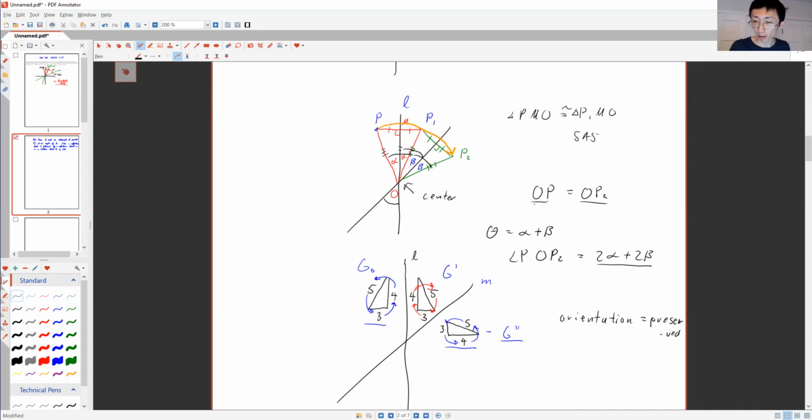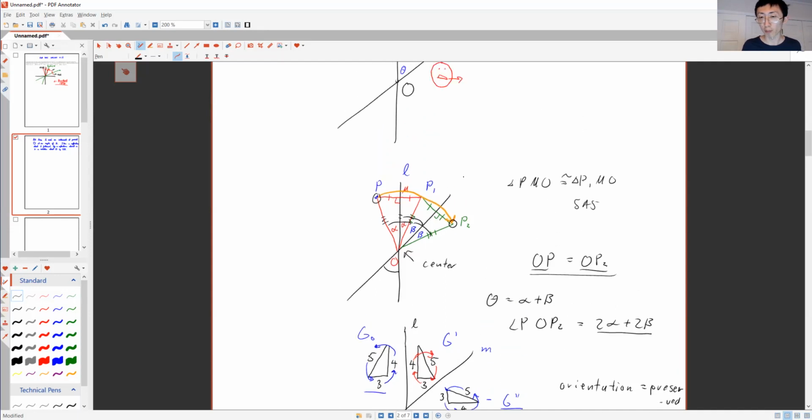And the distance between the original point and the image after 2 reflections to the center of rotation, the intersection of the lines, is the same. So that's enough to conclude that it is in fact a rotation, and the angle of rotation is twice the, let's say, acute angle between the 2 lines of reflection.